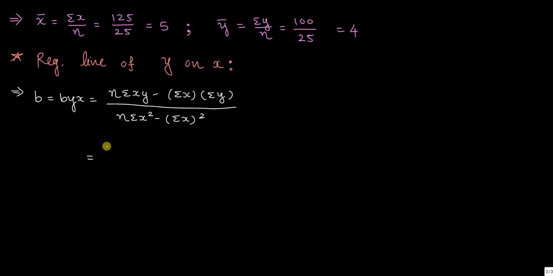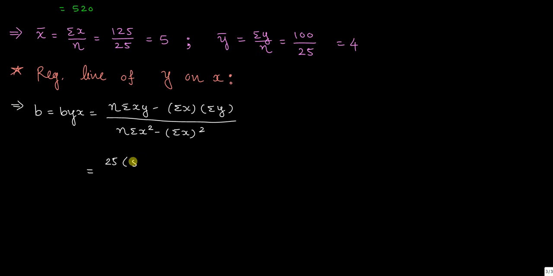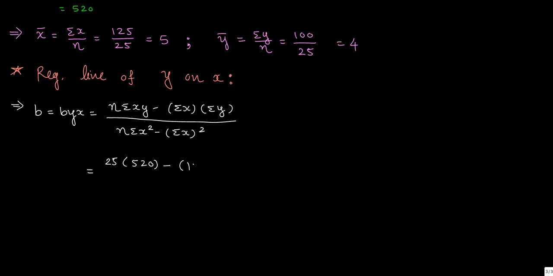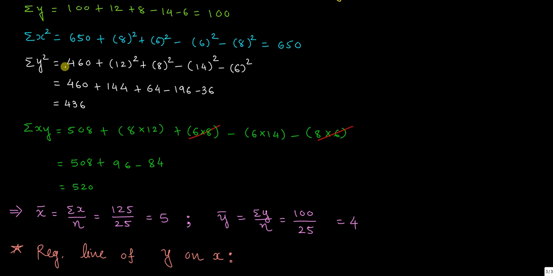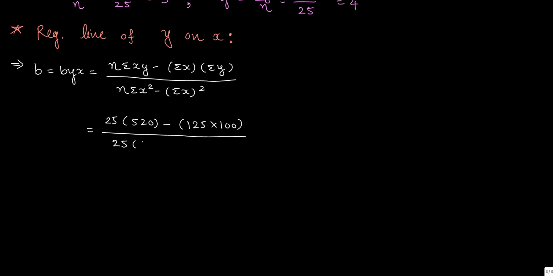Is equals to n is given by 25. Okay. Correct value of sigma xy, here we find 520. 520 minus sigma x into sigma y લખેલા છે આપણે 125 into 100 upon n is 25. Sigma x square correct value 650 minus sigma x whole square 125 whole square.